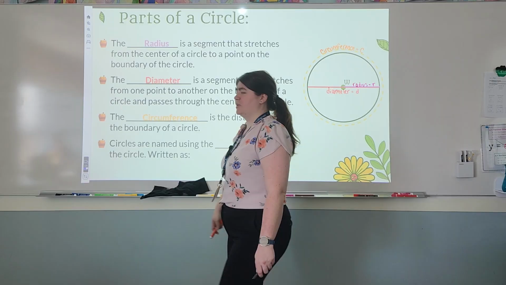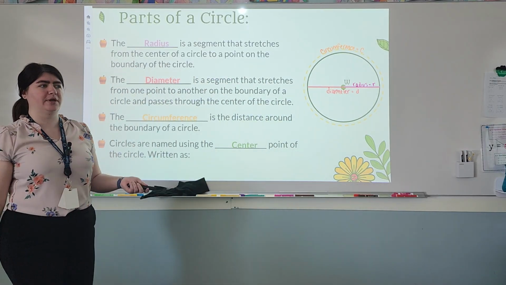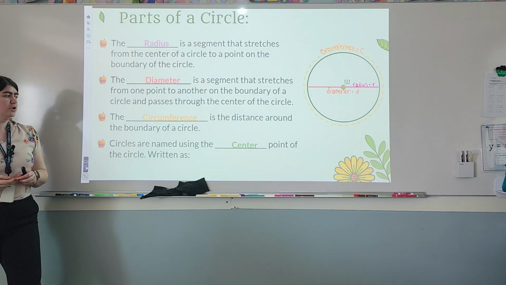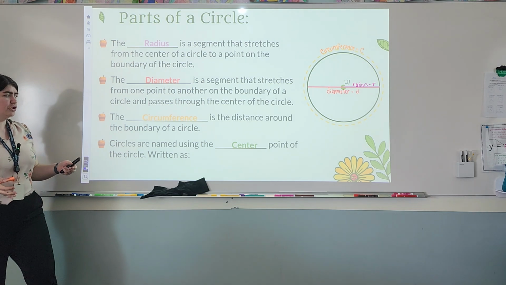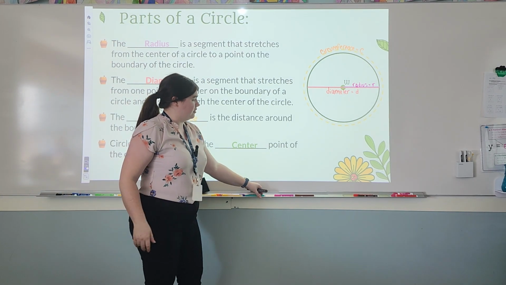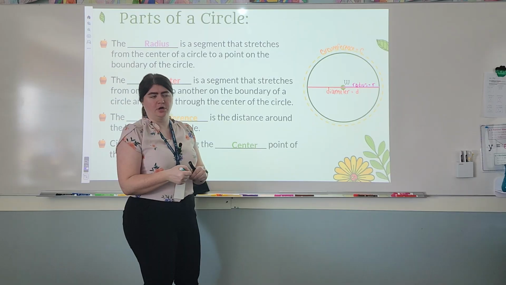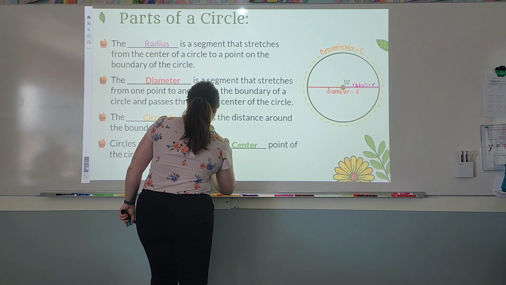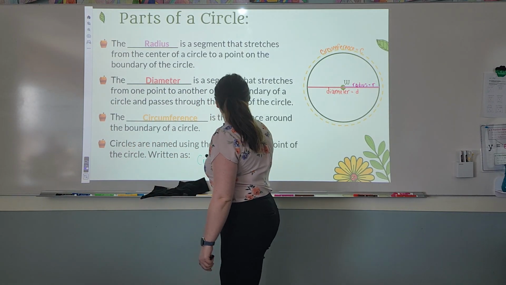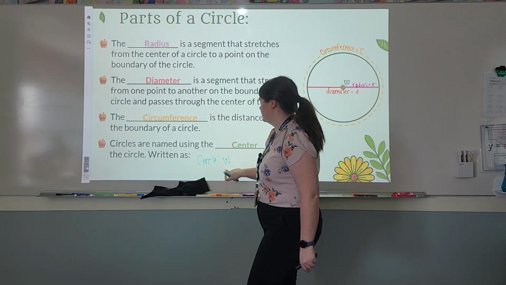Circles are named using the center point of the circle. And we do write this in two ways. The first is what you're going to see in your notes. So I have circle, like literally the word circle, and then the center point.